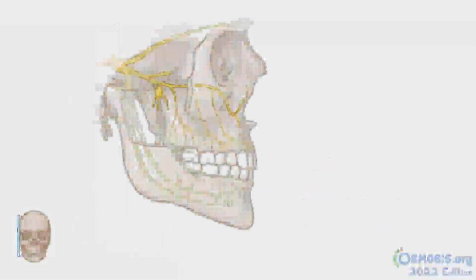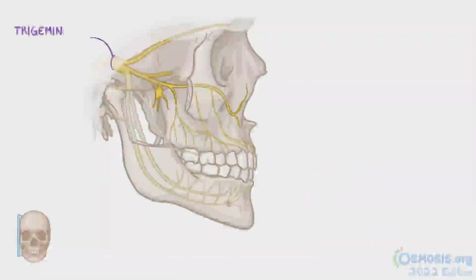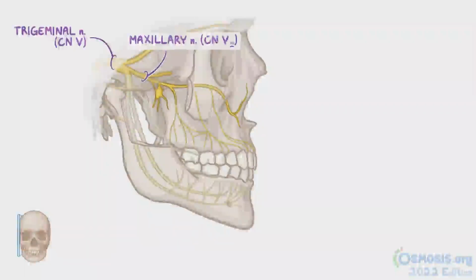Now, let's look at the nerves that supply the teeth and gingiva, which are all branches of the trigeminal nerve, or CNV. The upper teeth and gingiva are innervated by branches of the maxillary nerve, or cranial nerve V2. In the pterygopalatine fossa, this nerve branches into the posterior superior alveolar nerve.